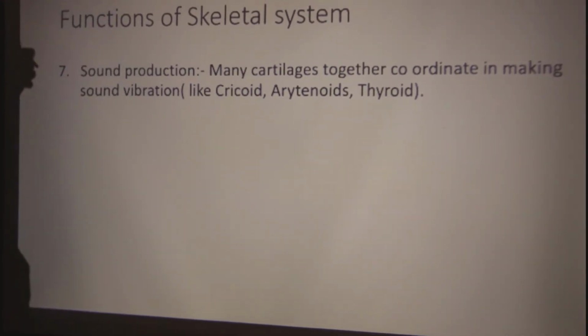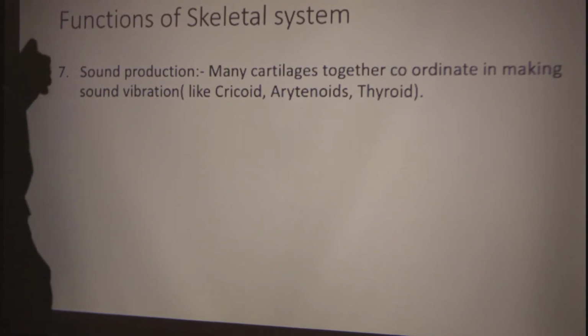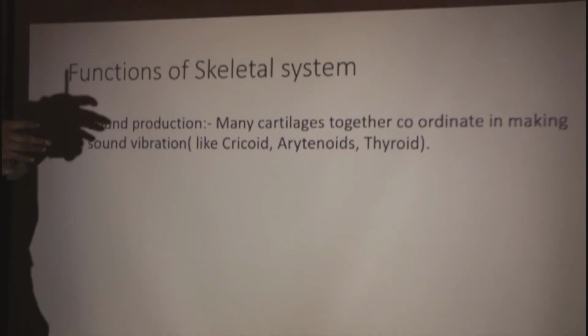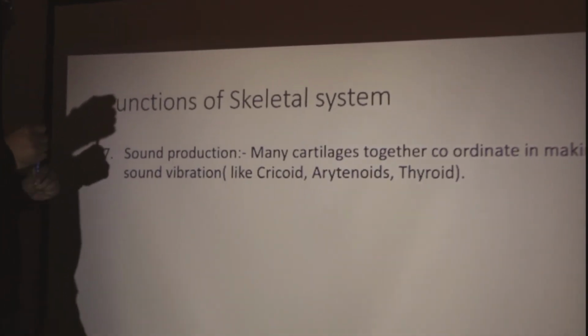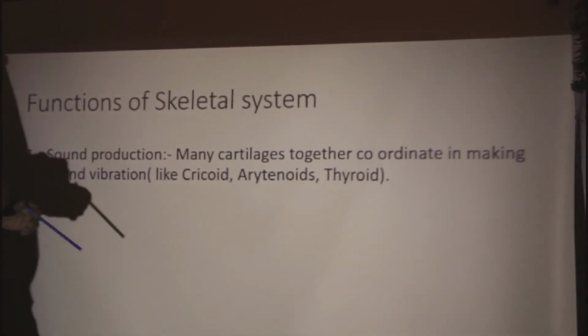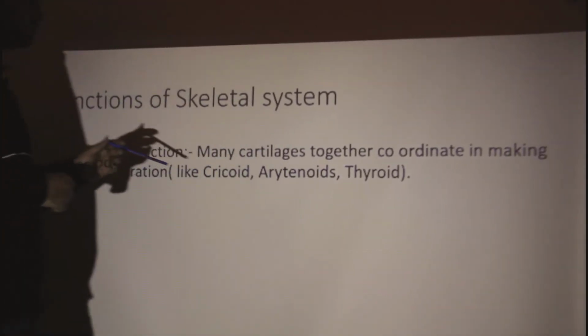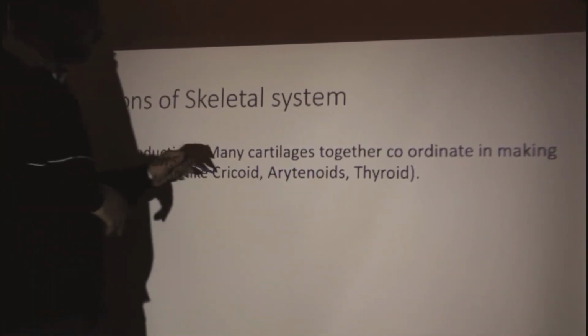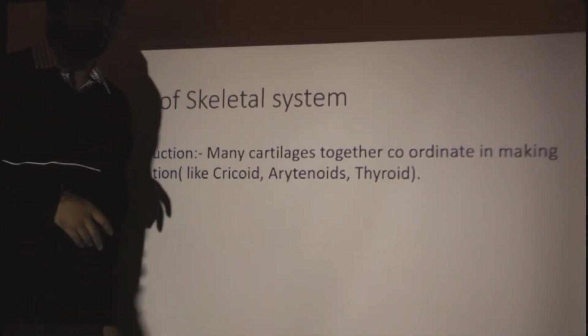So sound production is also controlled by the skeletal system, but not the bony part. It is the cartilaginous part which works coordinately to produce the sound, such as the cricoid, arytenoid and thyroid.